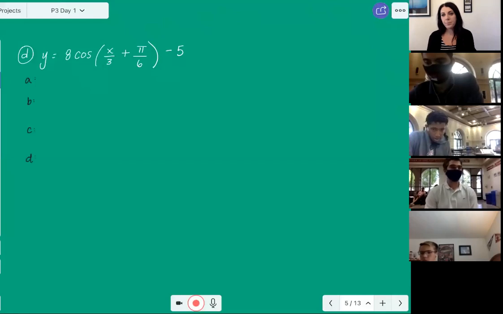Go ahead. Since the b is always with the x, will the x and c ever be switched? Like, will it ever be in parentheses pi over 6 plus x over 3? Absolutely. Great question. Yes, it will.